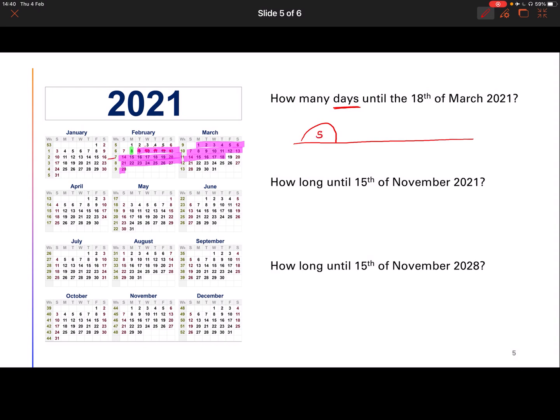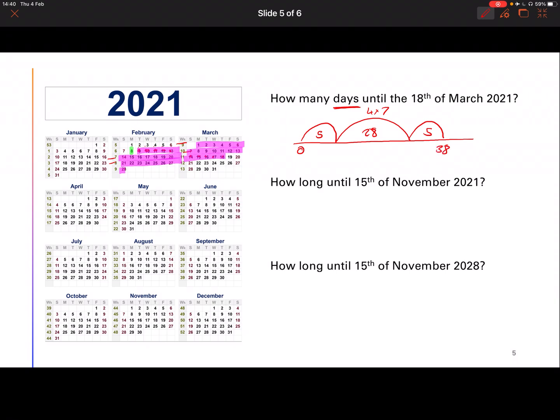Then there's 1 whole week, 2 whole weeks, 3 whole weeks, 4 whole weeks. 4 times 7, and that's when the times tables come into this. What's 4 times 7? It's 28. And then once you've got to that, we've got 1, 2, 3, 4, 5 days to get to the 18th. So how many days in total to get from now to our target is 28 and those 2 5s. 28 and 2 5s is 10, so 38.